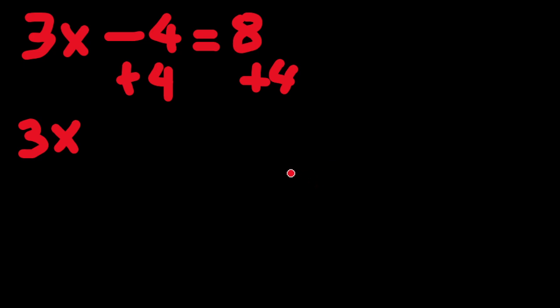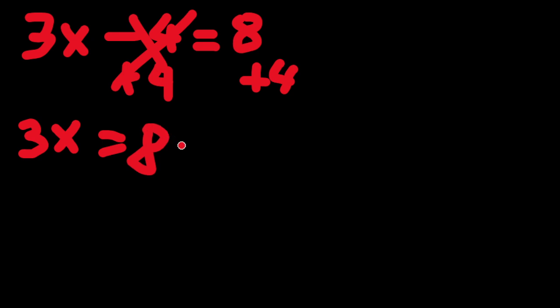Minus 4 plus 4, minus with plus makes minus. So 4 minus 4 will be 0. So here we finish with this one. We don't have anything. We have a 0, equals, we have the number 8 there, plus 4.